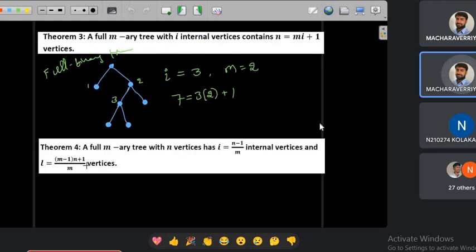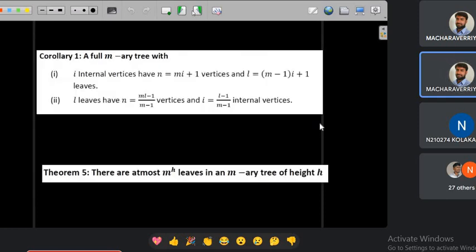Okay, so that is what this theorem says. A full m-ary tree with n vertices has (n minus 1) by m internal vertices and this many leaves: ((m minus 1)n plus 1) by m leaves.